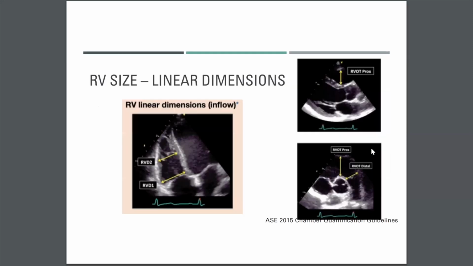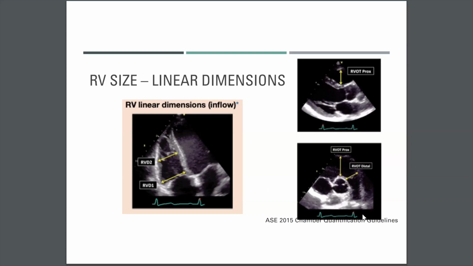And to measure RV size, there are a couple of linear dimensions that we can measure. The most common ones that we do here in the lab are the basal dimensions. Remember, it's inner edge to inner edge. But again, this is just a slice of a very complex 3D structure. And depending on how you orient your probe, you can really make the RV as small or as big as you want. So that can certainly lead to under or overestimation.